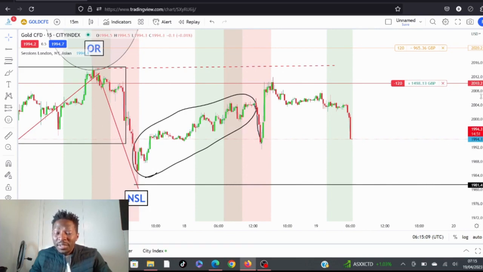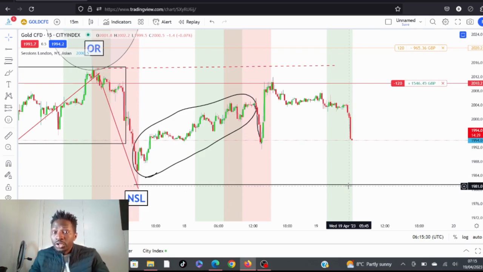Nobody can actually predict how low that market is going to go, because according to the market, if the market breaks the new structure low, any part of the candle that breaks the new structure low, to the market, just like I said, the market follows rules. So if the market breaks the new structure low, to the market, it has already put in a bearish structure.